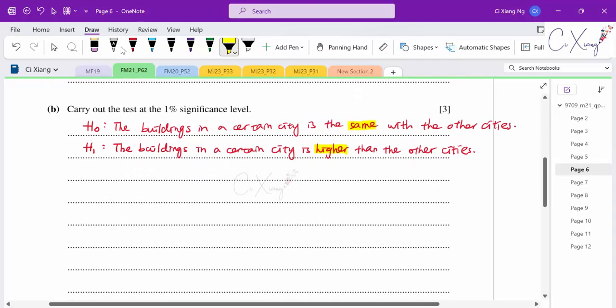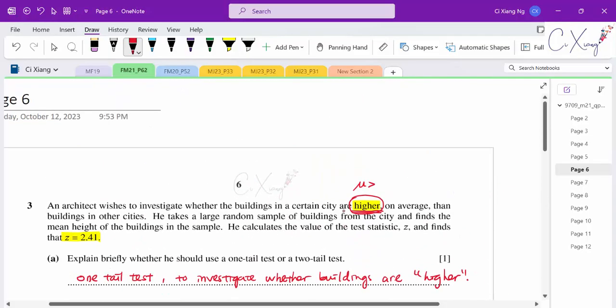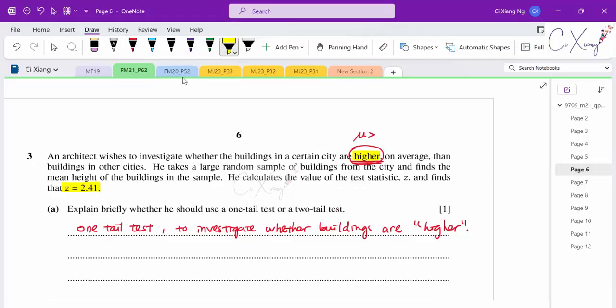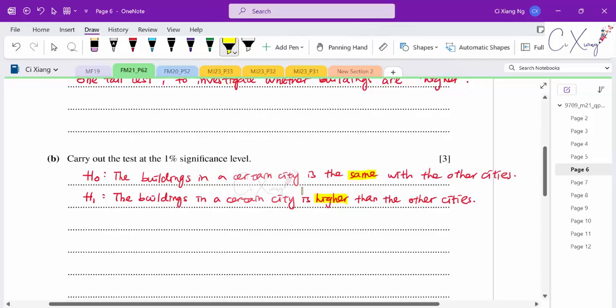After that, we need to know where my rejection region is. If you have a look at this question, they already tell you that we are having a large random sample. So by using the central limit theorem, we can assume that the sampling distribution here is approximately normal.